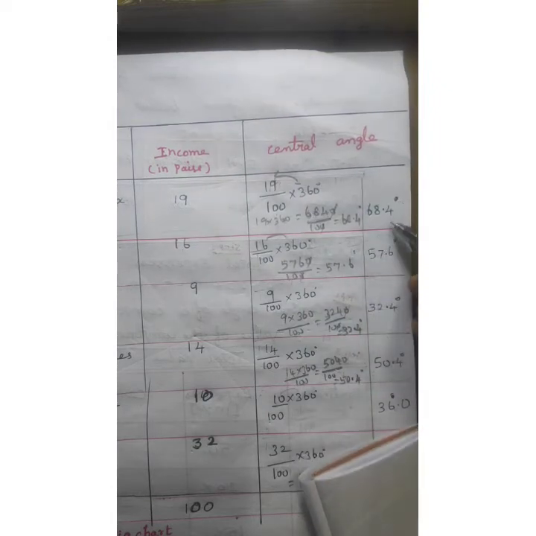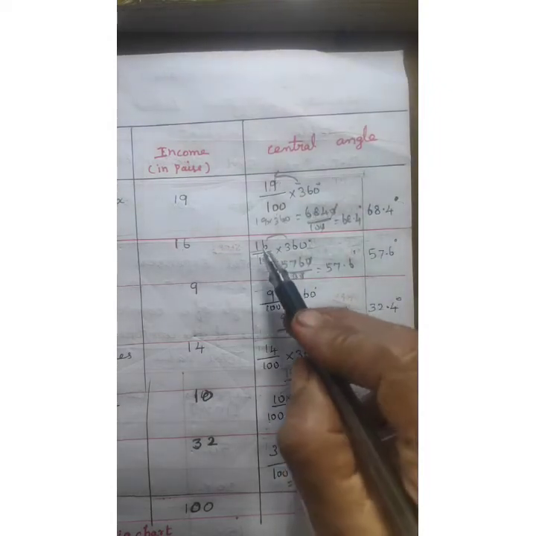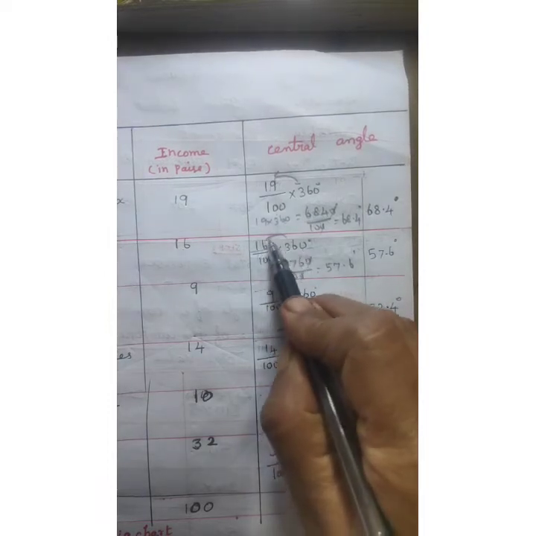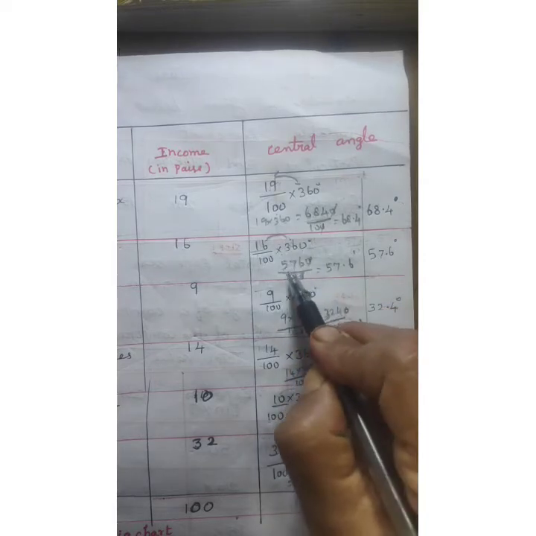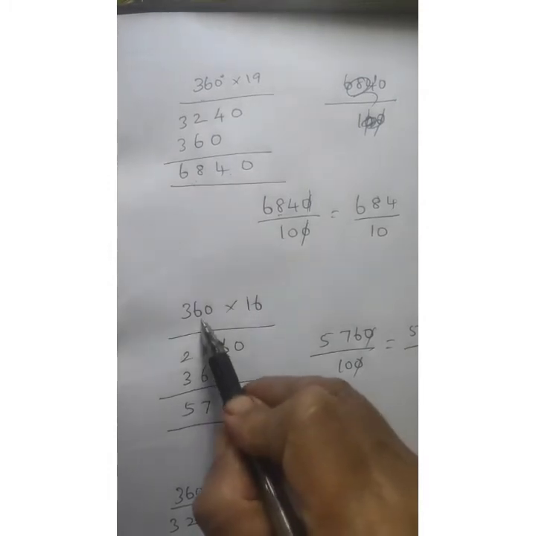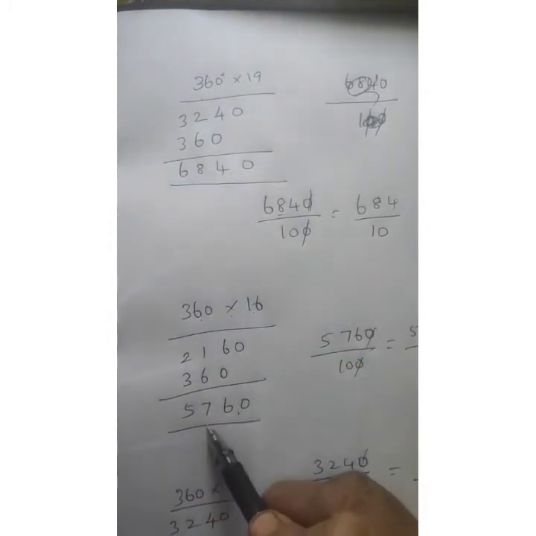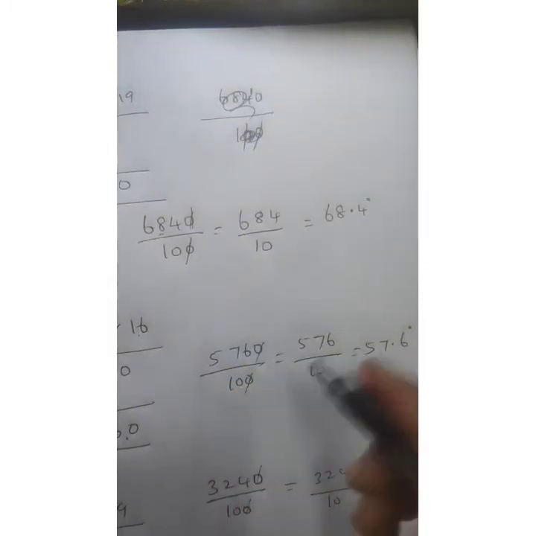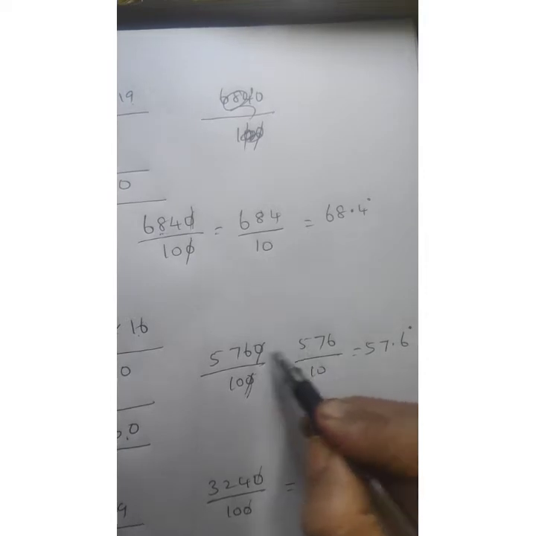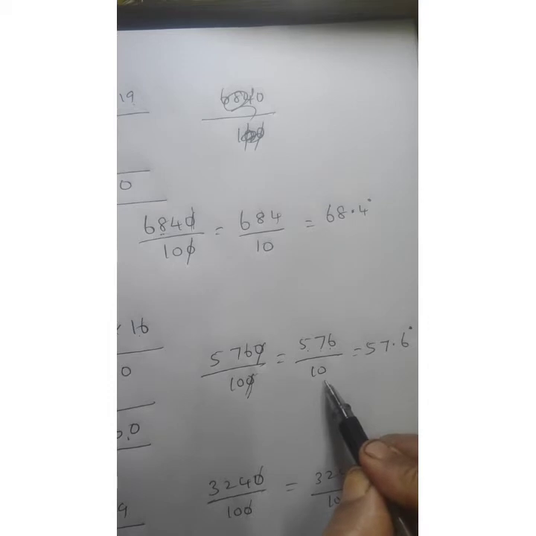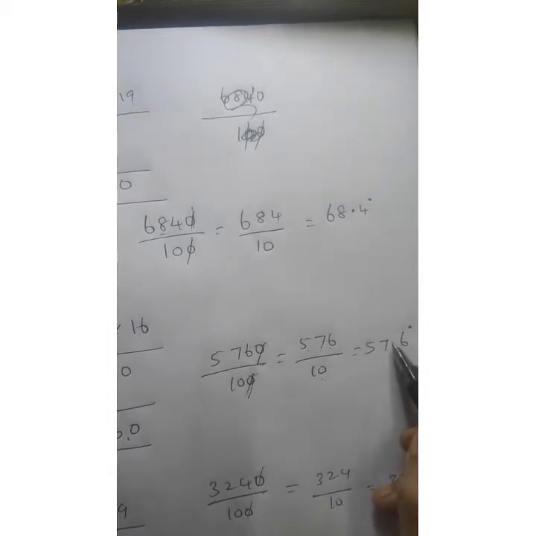Prepare a small column and write them separately. Next, same work: 16 by 100 into 360 degrees. Multiply these two numbers: 360 into 16 gives 5760, divided by 100. Strike out one zero, and the remaining is 576 divided by 10, so keep one digit after the point: 57.6 degrees.